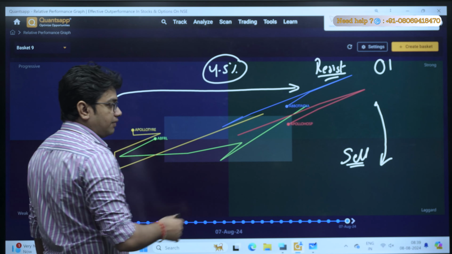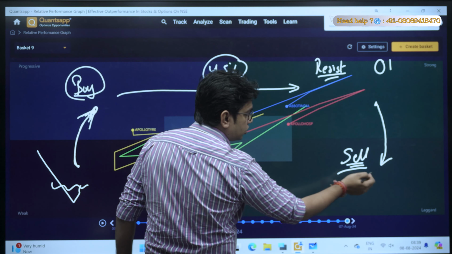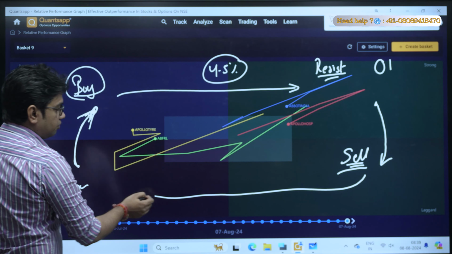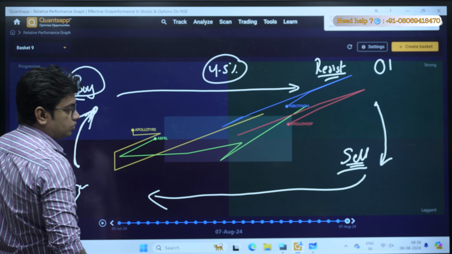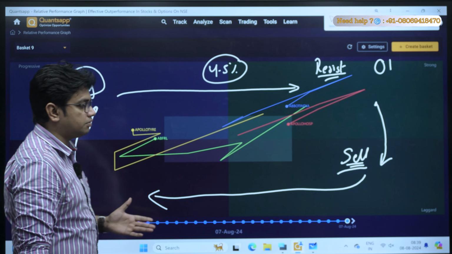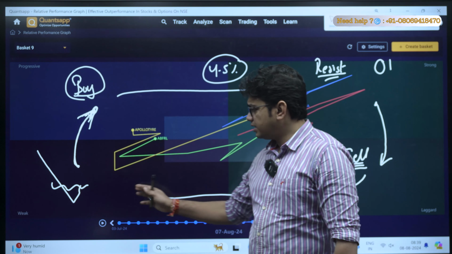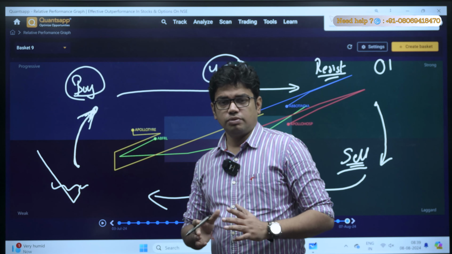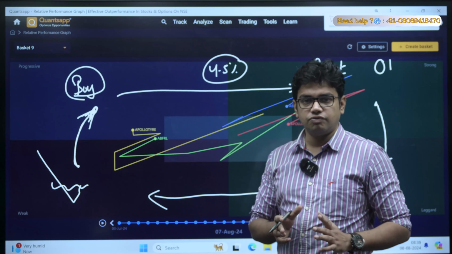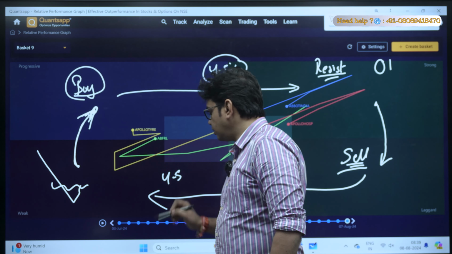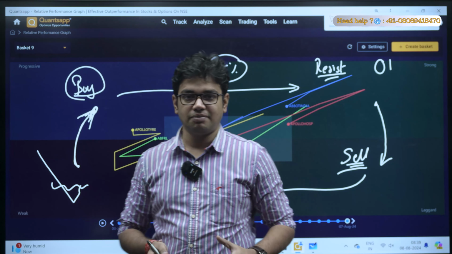Now, if I am selling a stock or taking a bearish position, I will wait till the stock enters the weak zone, that means this is the momentum of bearishness. Now I will hold my position in that particular strike. If I get 4 to 5% return, I am happy with that and I will exit from that position.